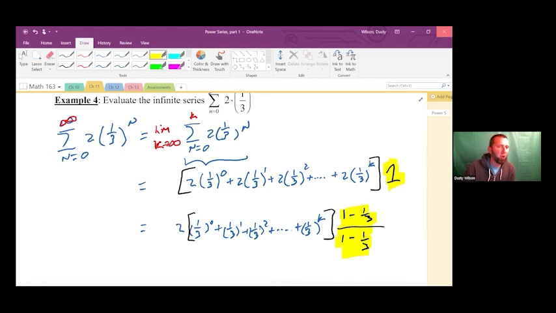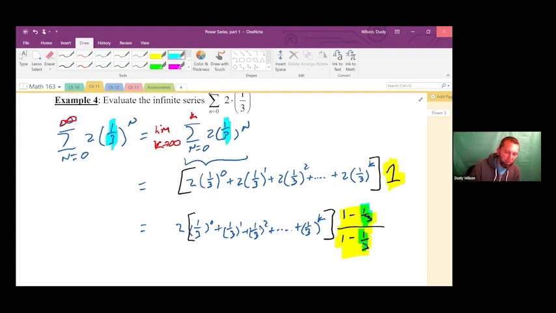You might ask, where the heck did that come from? The ones in the numerator and the denominator will always be the same, but the 1/3 is the same as this common ratio that shows up in the original question. So that's 1 minus the common ratio over 1 minus the common ratio.